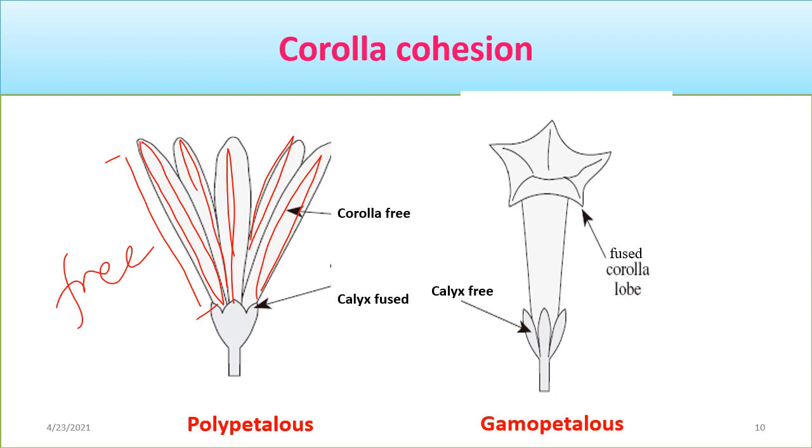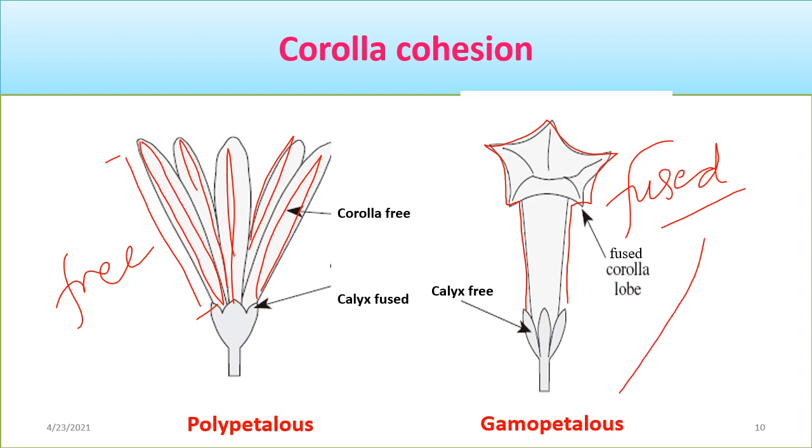But if you look here in this figure, they have formed a unit and they are fused. Due to this fusion, this is called gamopetalous, and due to this free condition, it is called polypetalous.